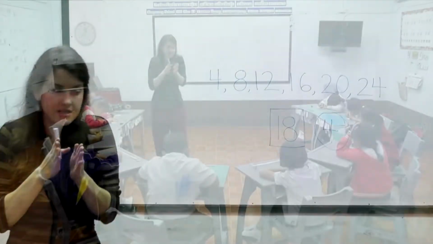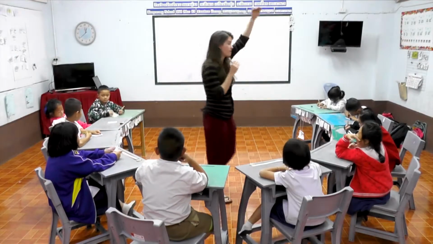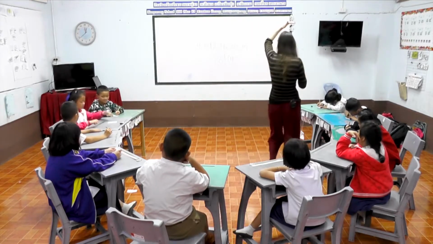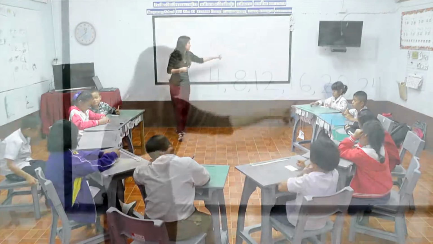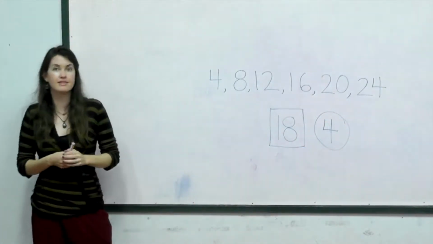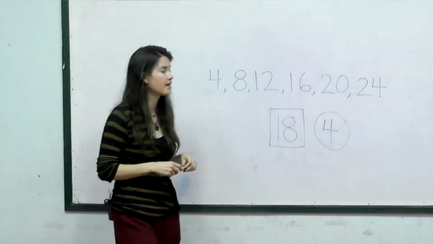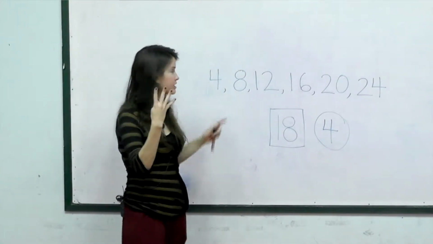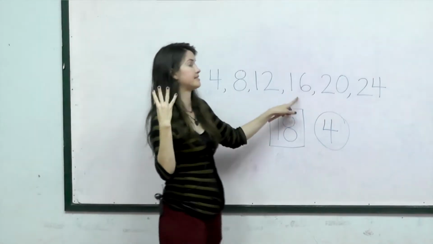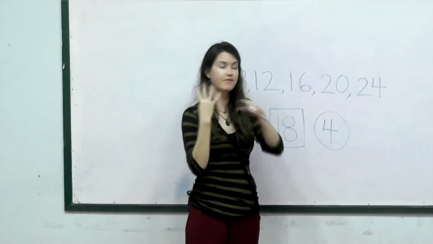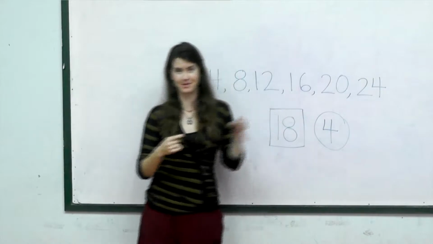Because we want to get close to that 18, but we don't want to go higher. If we go to 20, that's too high. So we want to get close, right at 16. That's our last number where we stop. And we counted 4 numbers: 4, 8, 12, and 16. 1, 2, 3, 4. That's why we write our number 4.